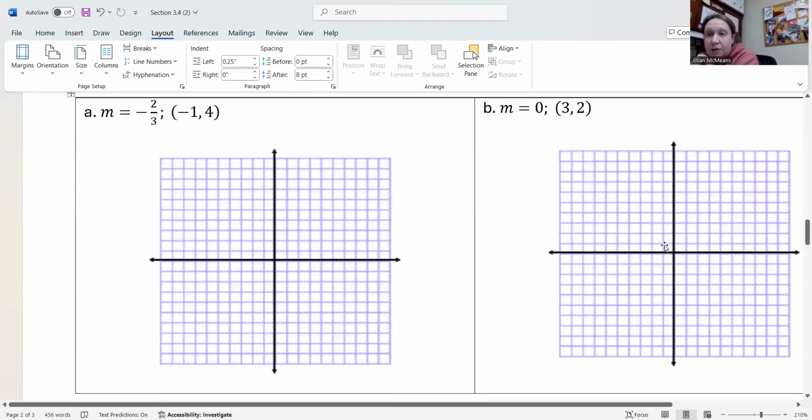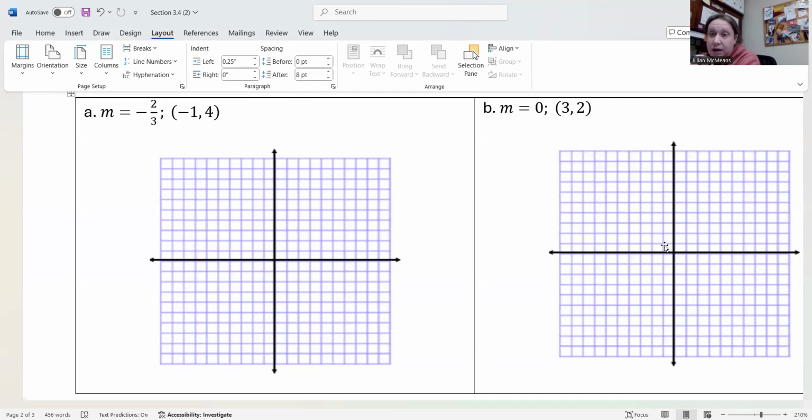Okay, so for part A, we have a slope of -2/3, and then we have the point (-1, 4). So let's talk just briefly about the slope for a moment. When you have a slope that is negative, put the negative somewhere, okay? Either put it distinctly in the numerator or distinctly in the denominator. It doesn't matter which, and I'll show you when we graph this that you can actually do both and you end up on the same line.